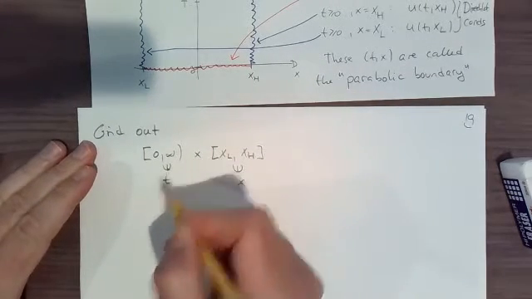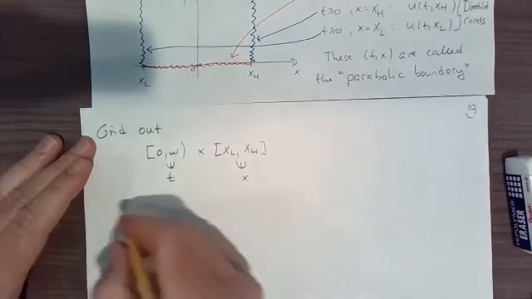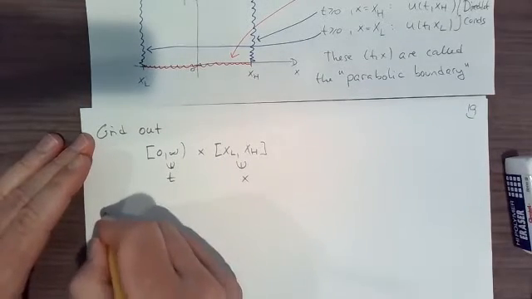And how are we going to grid it? Well, we look at delta t.